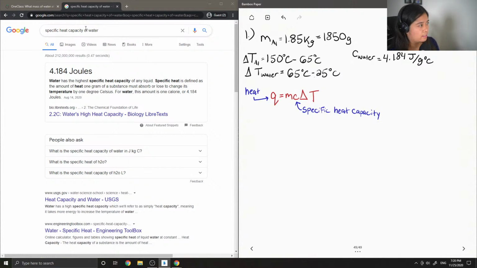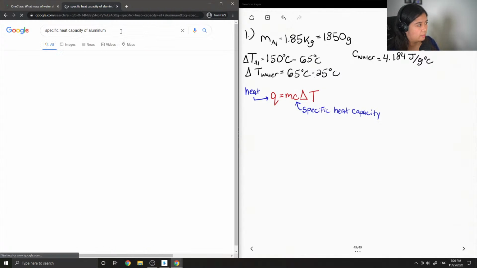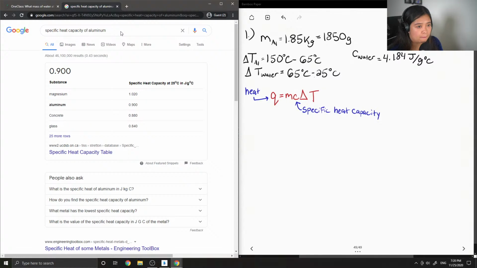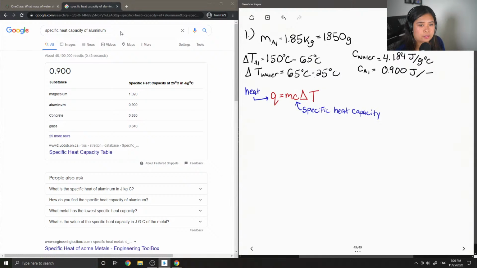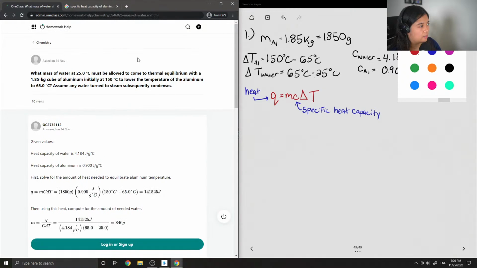So usually this is given in the question, but we also need to know the specific heat capacity of aluminum. So again, I'm going to do C aluminum is equal to 0.900 joules divided by grams times degrees Celsius. Okay, so now we have everything we need to answer the question.